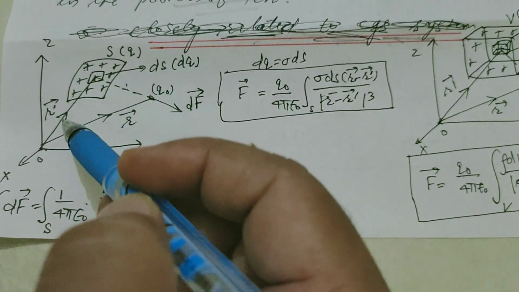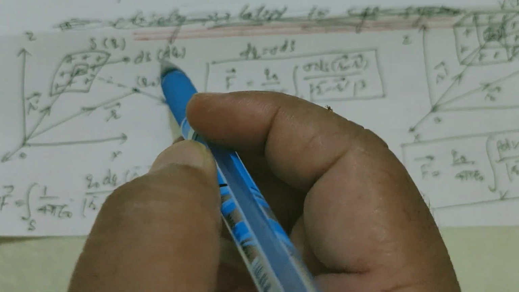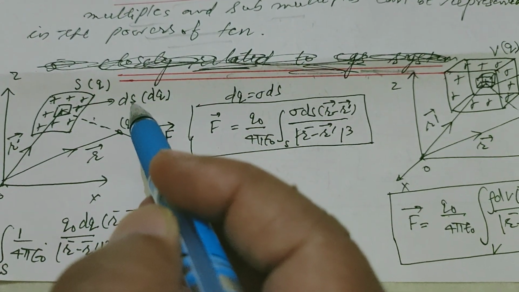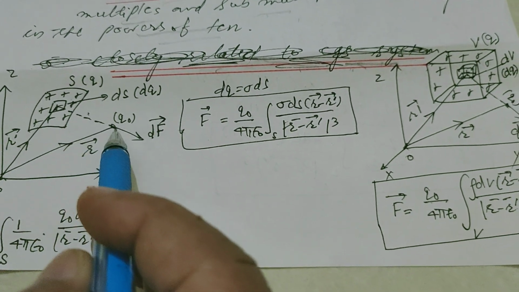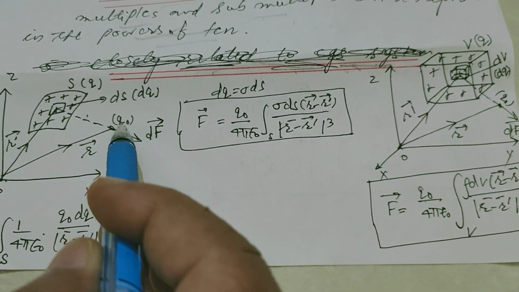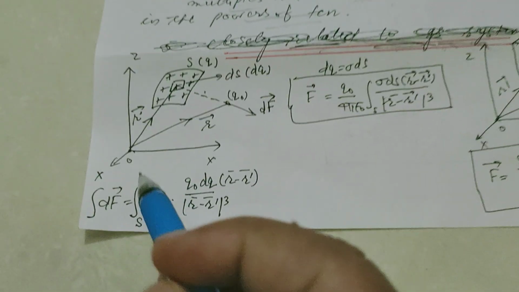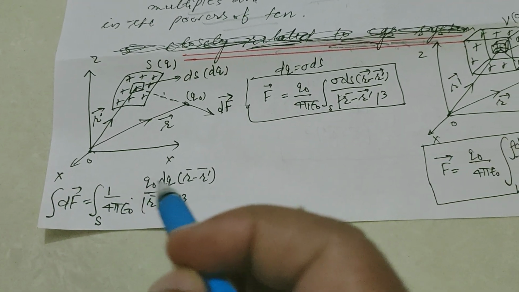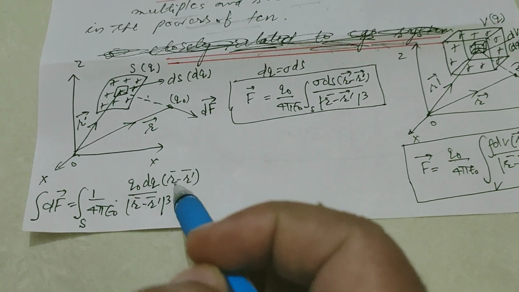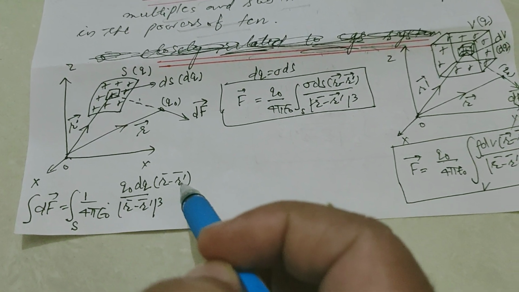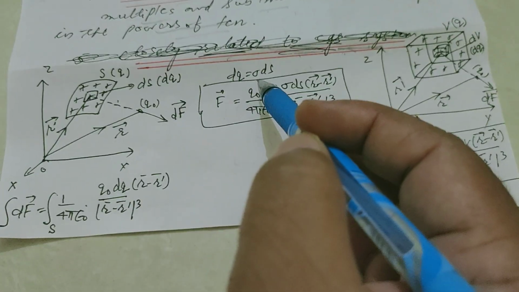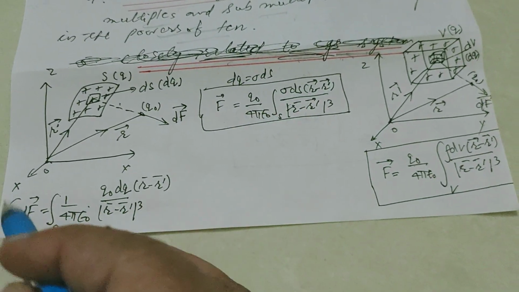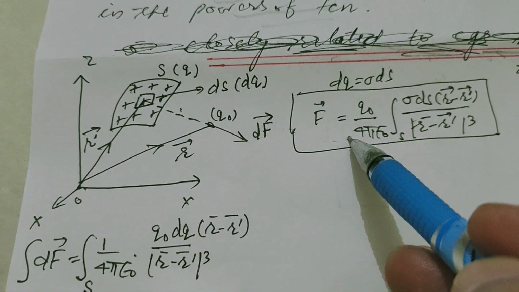At position r dash I have taken a small element ds on which charge dq is there. This is the observation point where I have placed charge Q naught. So dF is 1 by 4 pi epsilon naught q naught dq over r minus r dash cubed times r minus r dash. In place of dq you can use sigma ds. So if you integrate you will calculate the total force due to surface charge distribution.